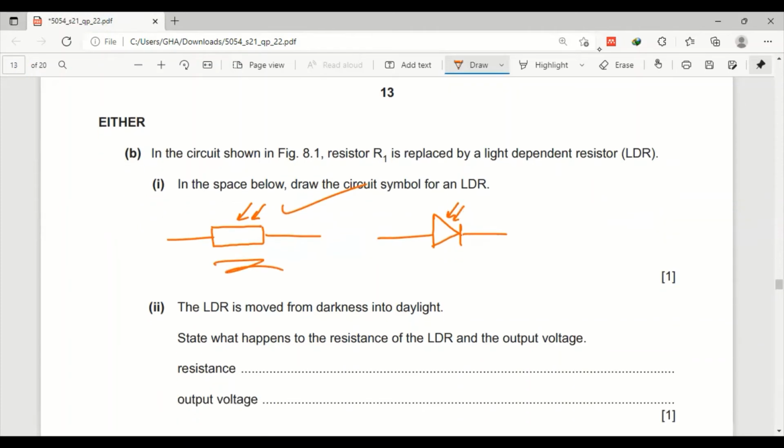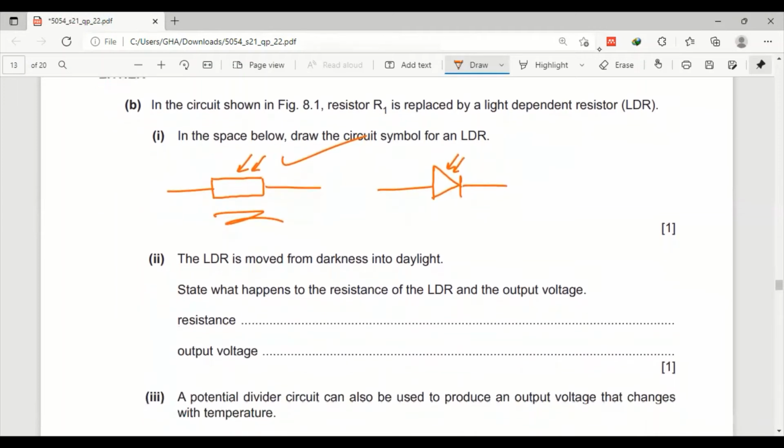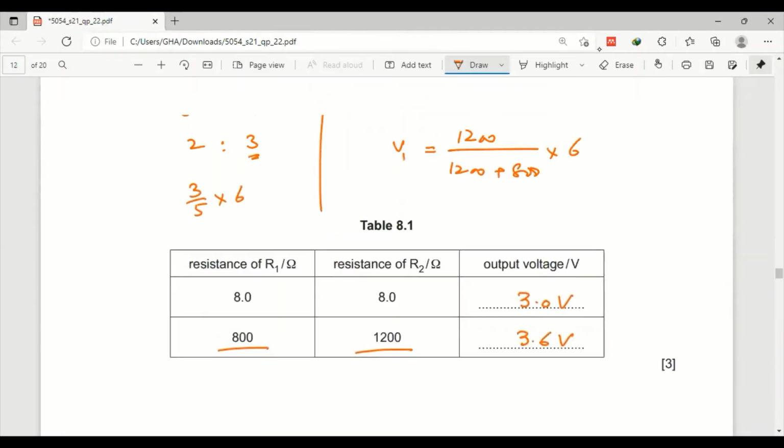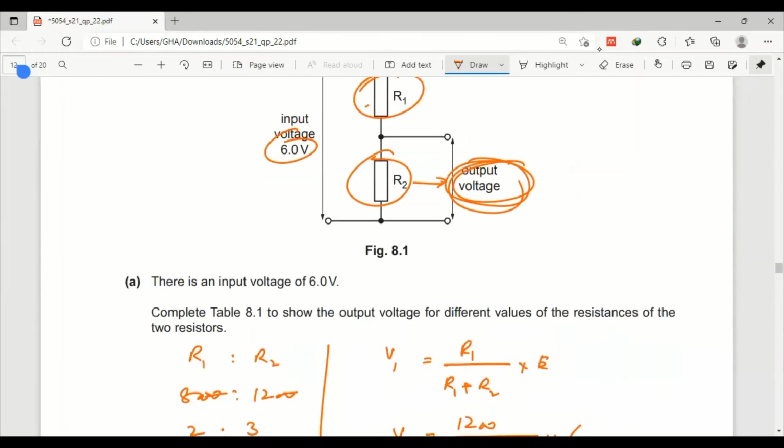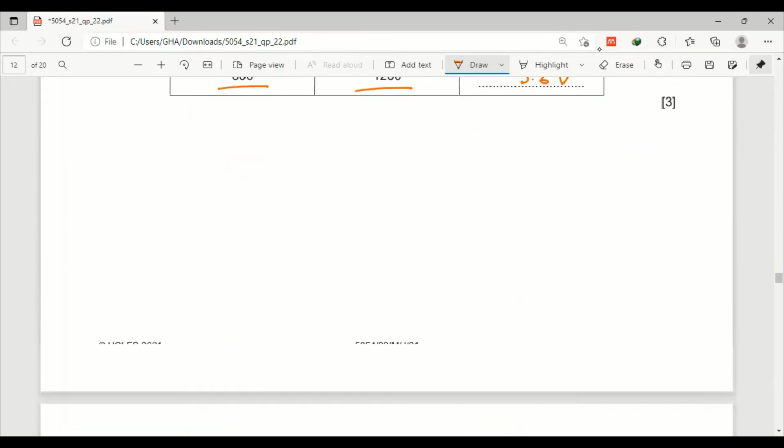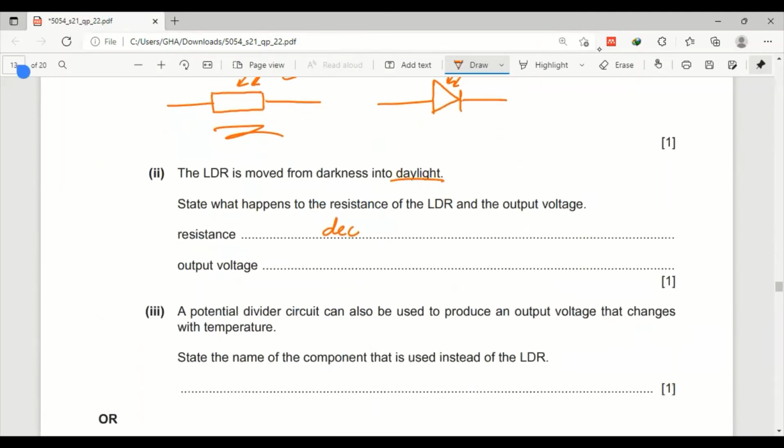The LDR is moved from the darkness into the daylight. State what happens to the resistance of the LDR and the output voltage. So in the bright light, the resistance of the LDR decreases. When the resistance of the LDR decreases, meaning here is the LDR, its voltage decreases, but the output voltage will increase. So the output voltage will increase.